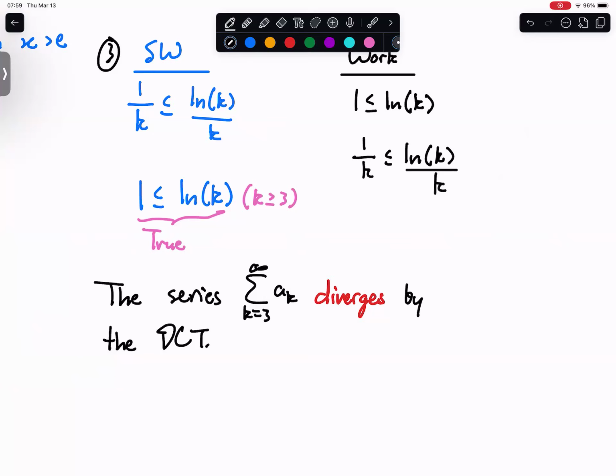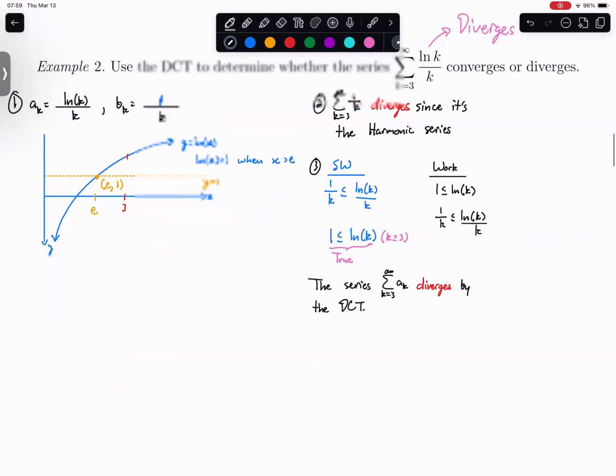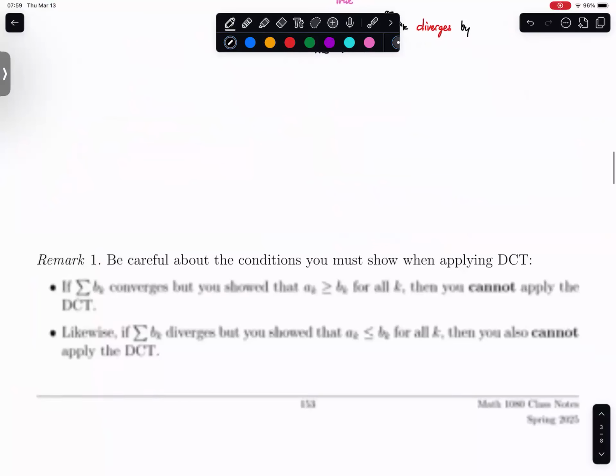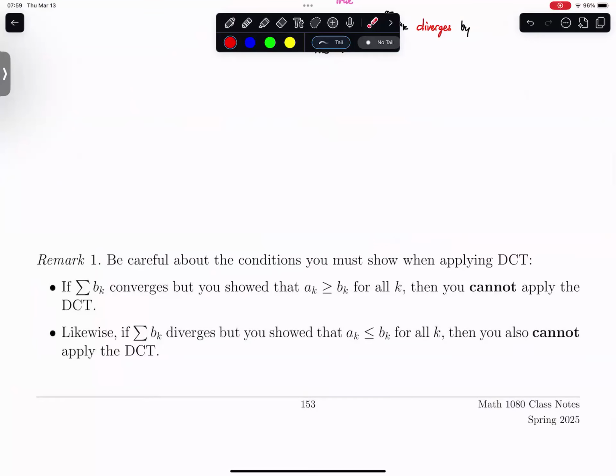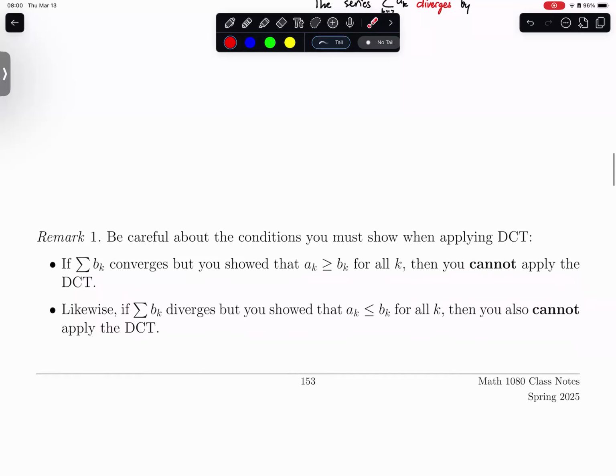All right. With direct comparison tests, I have one big comment to make. If your comparison series converges, but you accidentally showed the other inequality, that a of k is less than or equal to b of k, you cannot apply the direct comparison test.